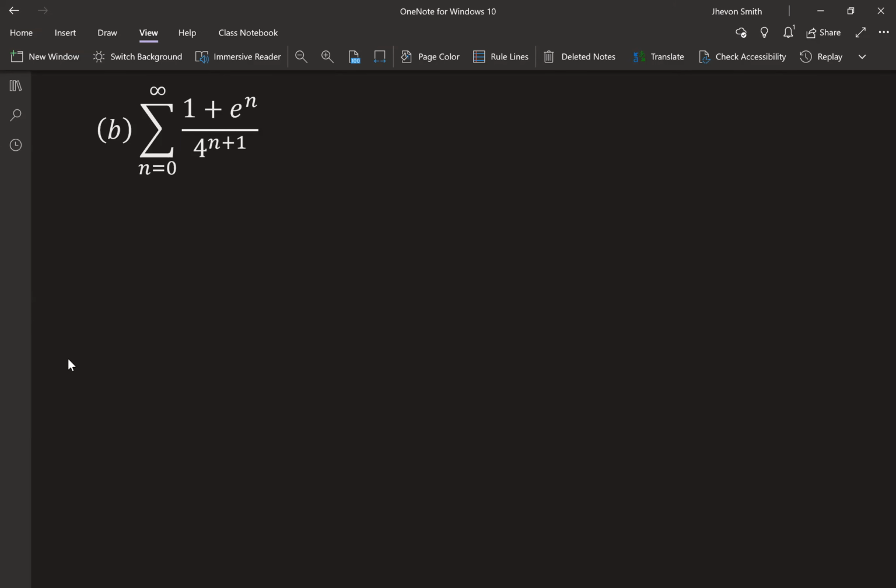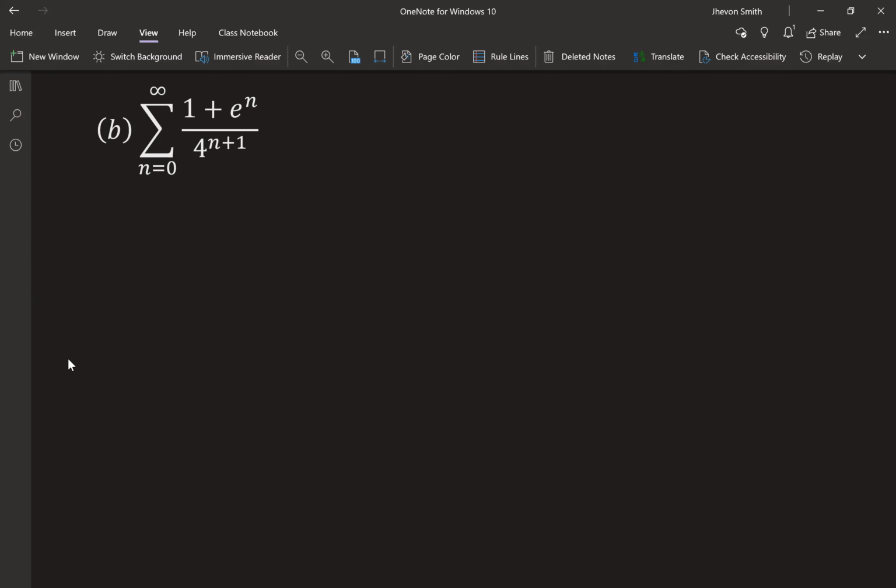Okay, so this one is a little bit tricky because there are actually 2 R's and 2 A's. You see that 1 plus e to the n in the top is kind of hard to actually deal with. So what I would do here is split it because the e is raised to the nth power, but the 1 is not.